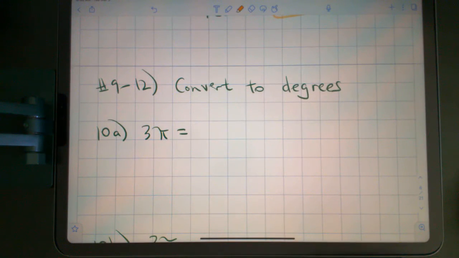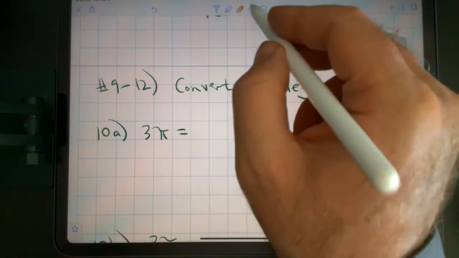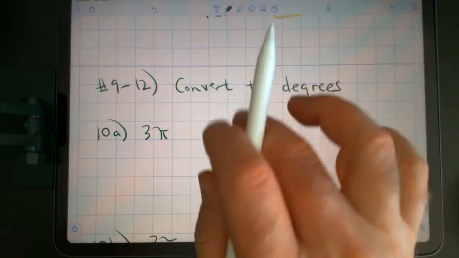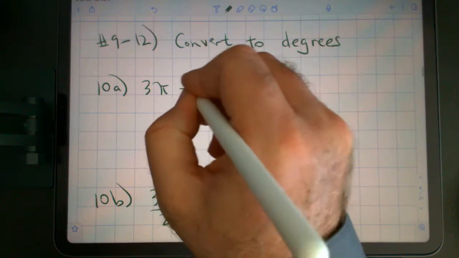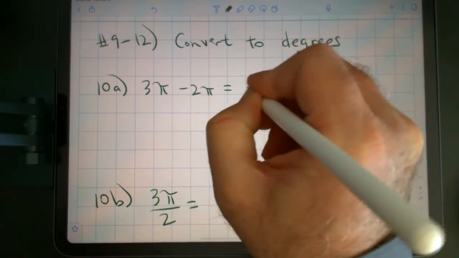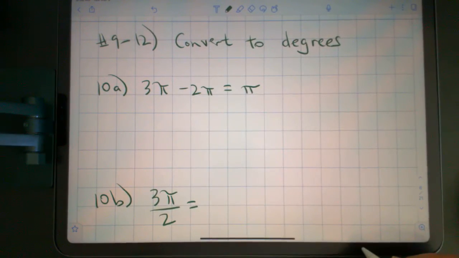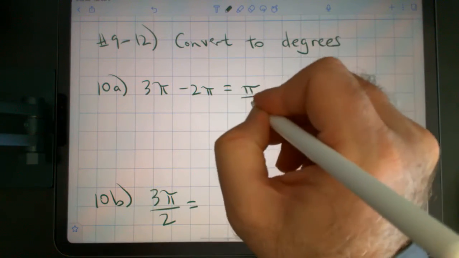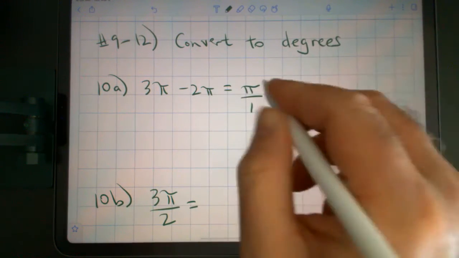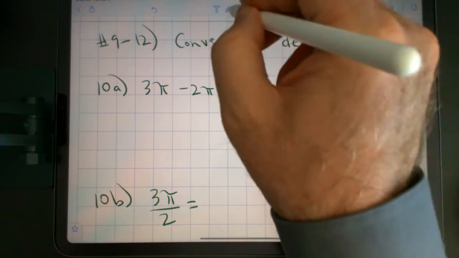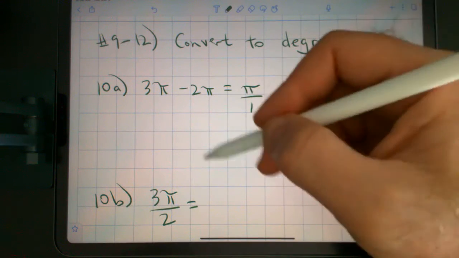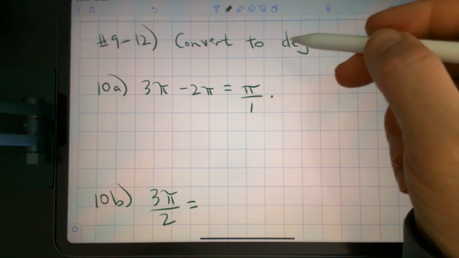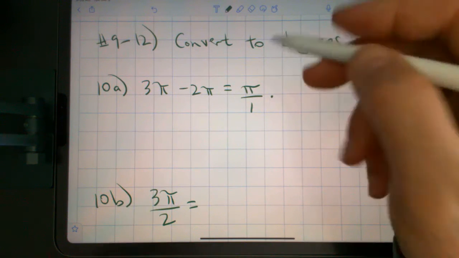Number 9 through 12, convert the radian measures to degrees. So 3 pi, we can subtract 2 pi from that. We would have the same terminal angle. To convert to degrees, now with pi on the top, and it's not just a pi, it's the absence of degrees, which maybe you'll see here coming up. It's the absence of degrees.